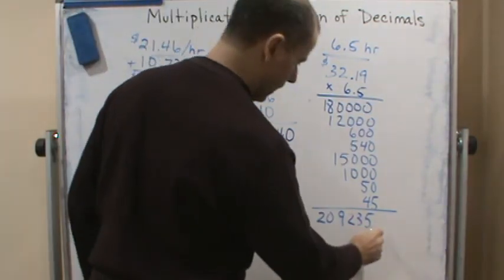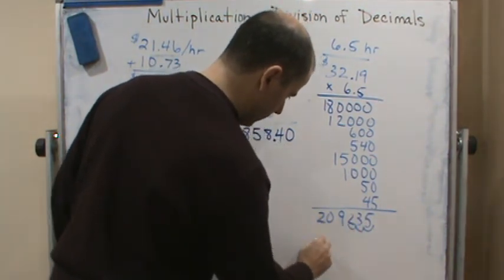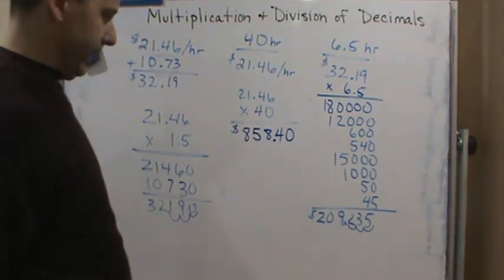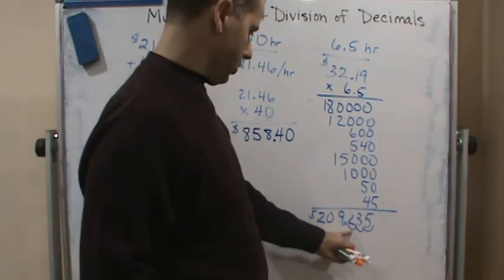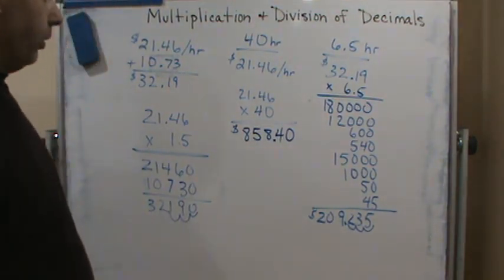I got 3 decimals, and I'm going to move it over 3. And so my answer is $209.235, right?